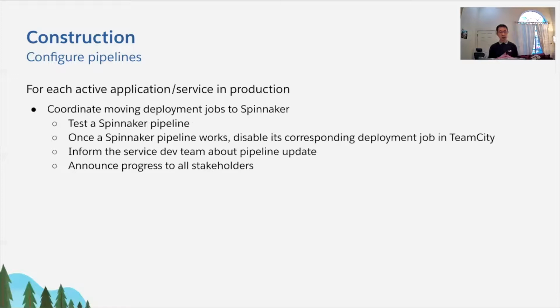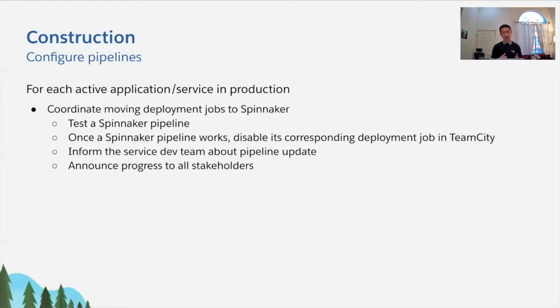For each active application or service in production, we coordinate moving deployment jobs to Spinnaker, mainly with developers, SREs, and project managers. We test the Spinnaker pipeline. Once it works, we disable its corresponding deployment jobs in TeamCity.